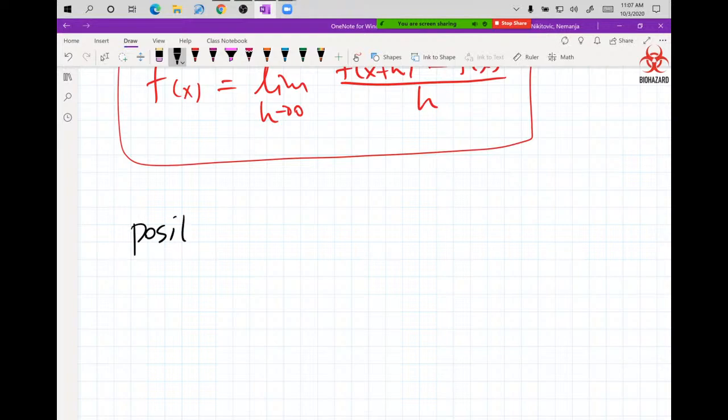Usually denoted as s of t. It's a function of time because your position depends on the time, right? You know what the Joker says, depending on the time, it can be in one place or several. So if you are driving the car, position is going to be where you are on the road from point A to point B. You can be at position 0, which means you just got into the car and you are getting ready to leave.